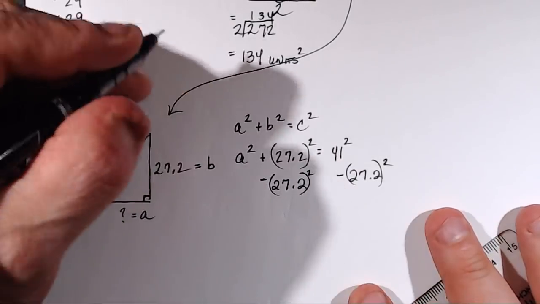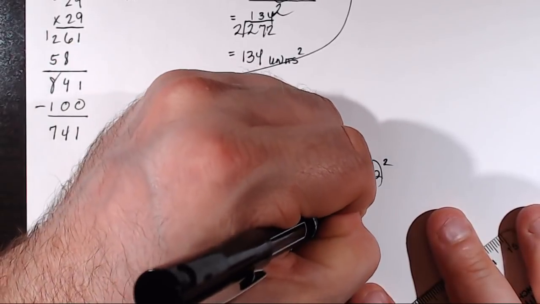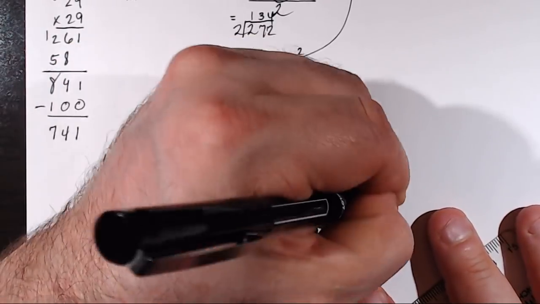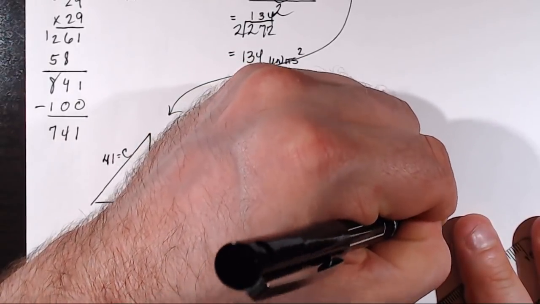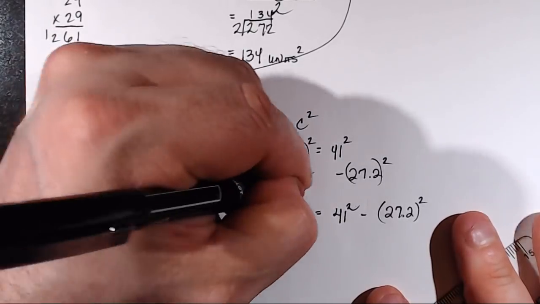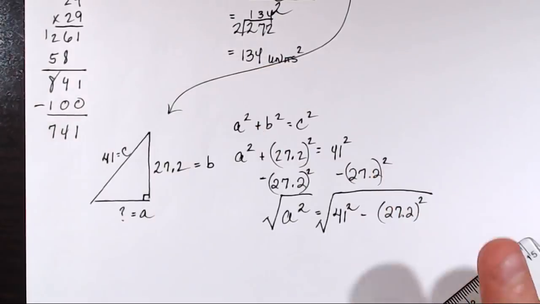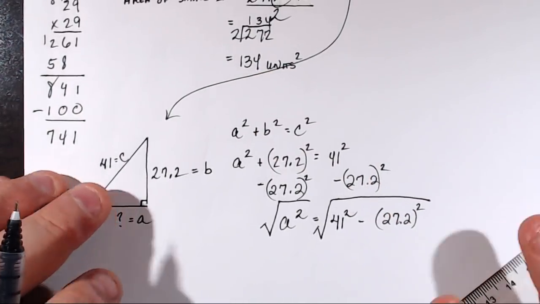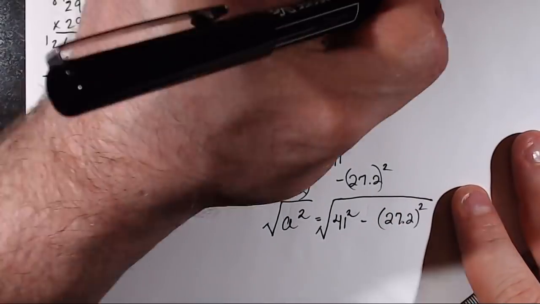Okay, so now I've got A squared is equal to 41 squared minus, open parentheses, 27.2 squared. To get A by itself, I'm going to take the square root of both sides. We got to figure this internal stuff out before we can take the square root.